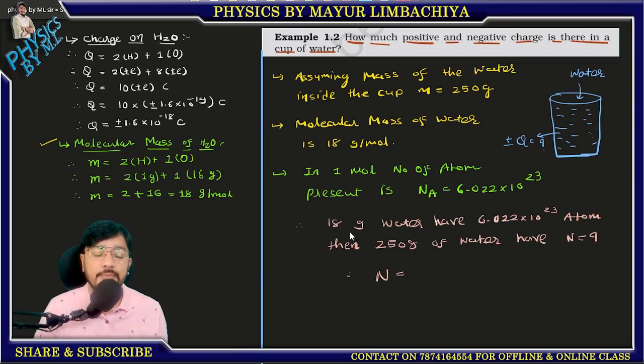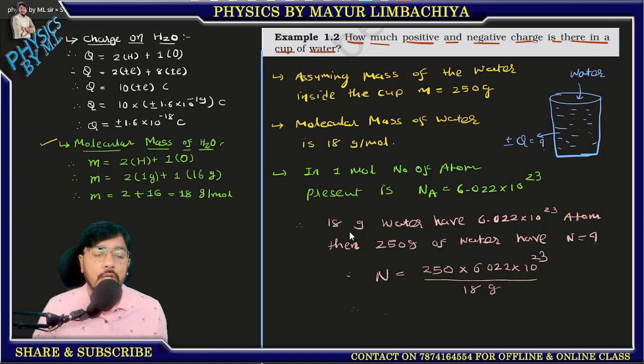So dear student, now I can calculate 250 multiplied by 6.022 into 10 to the power of 23, then divide by 18 gram.